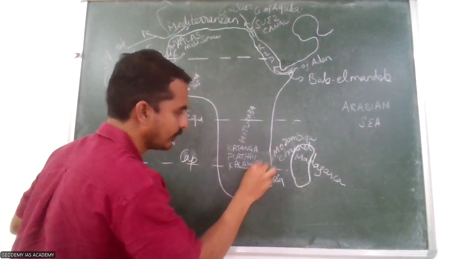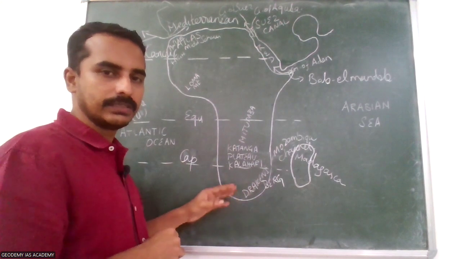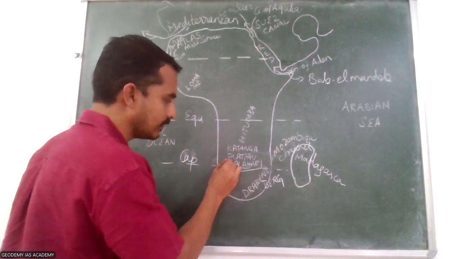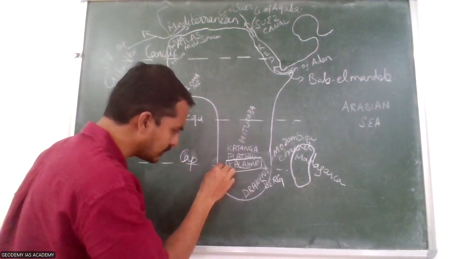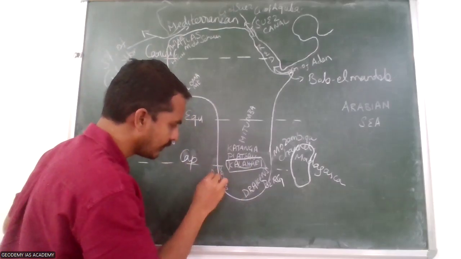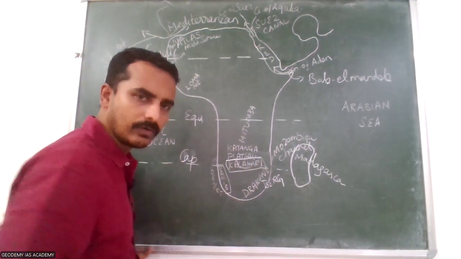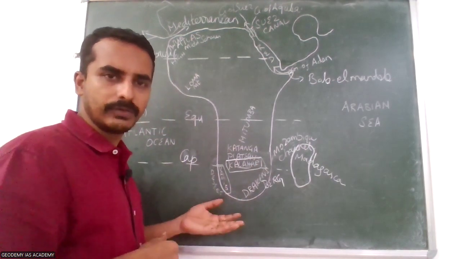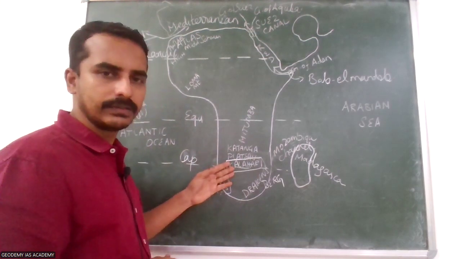Kalahari. Here near Namibia and Botswana, the desert name is Kalahari Desert, most important. And in the coastal region it is called Namib Desert. Just follow me with your map in your hand. Namib Desert and Kalahari Desert.